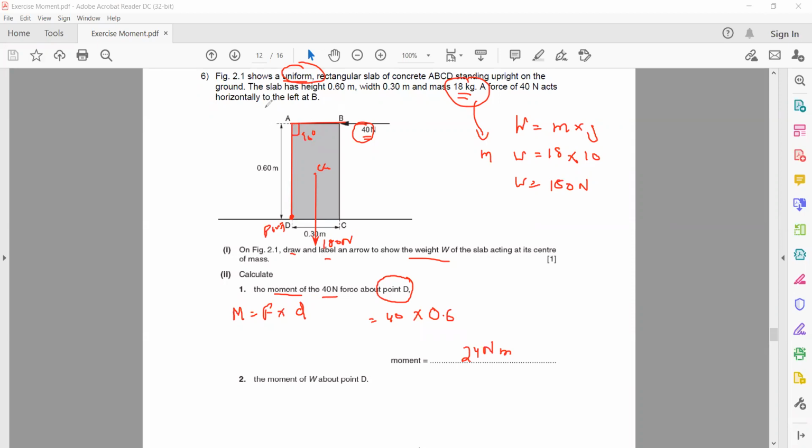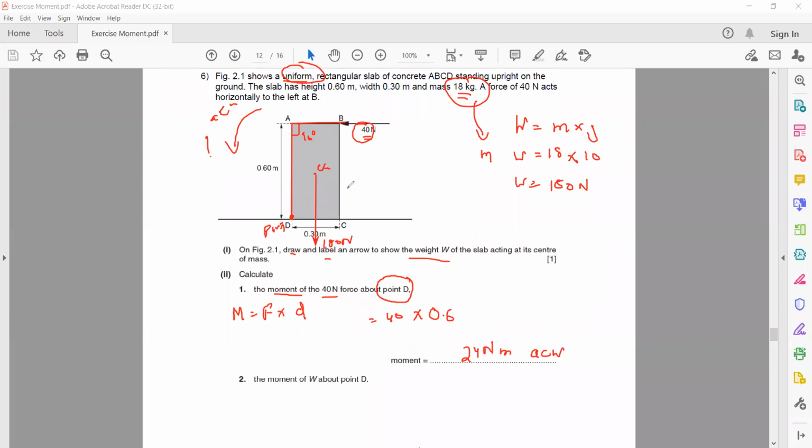Which direction will this cause a moment? Clockwise or anti-clockwise? A force of 40 Newton, which direction will it cause a turning effect? Yeah, that's right, it is anti-clockwise. So this is 24 Newton meter anti-clockwise.